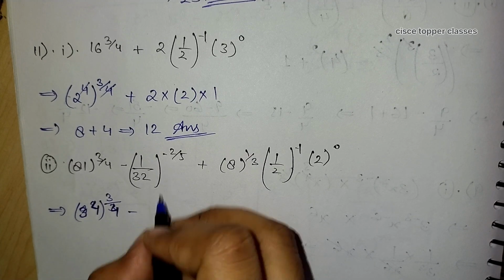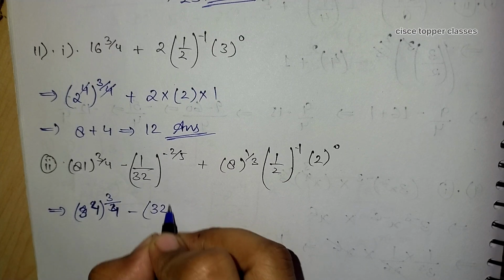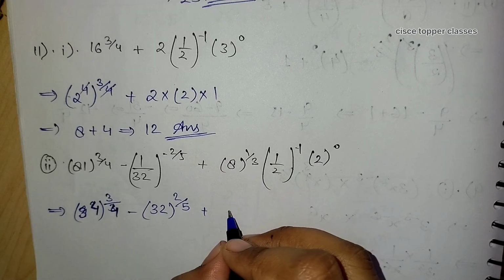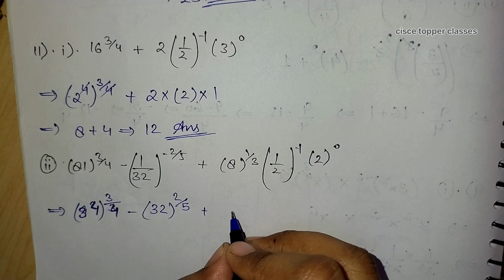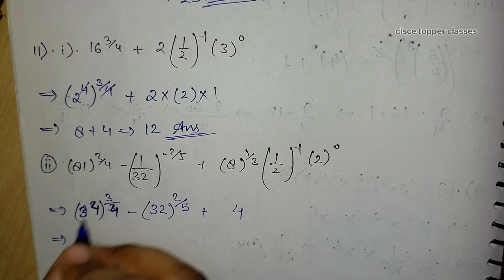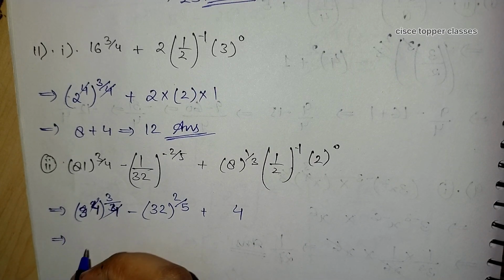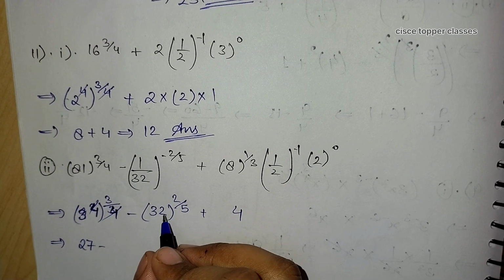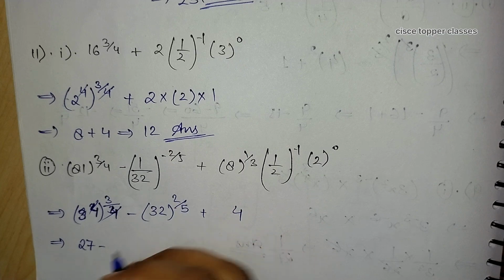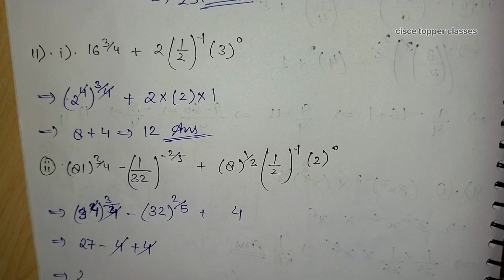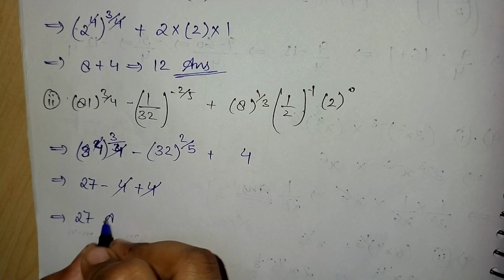Here also, taking reciprocal here we will get 32 to the power 2 by 5 plus 8 to the power 1 by 3, we can write it as 2, and here also taking reciprocal we will get 4 on multiplying. So 4 4 will be cancelled out from here, and here we will get 27 minus 32 here. So 2 to the power 5 and 5 5 will be cancelled out, and 2 to the power then again 2 will be 4 plus 4. This will be cancelled out, and here from here only 27 is the final answer of the 11th second part.